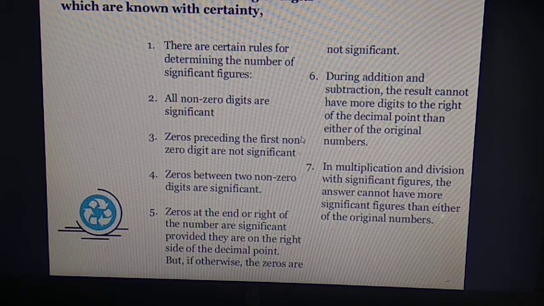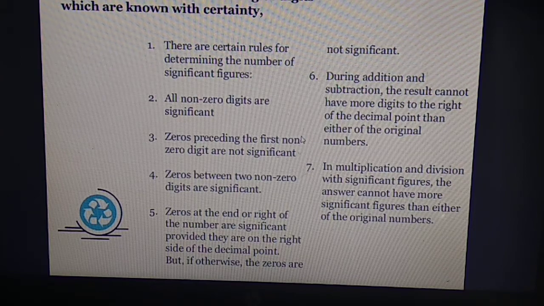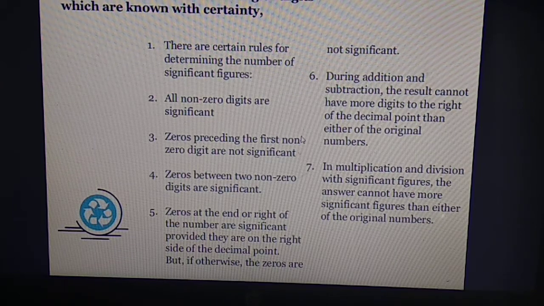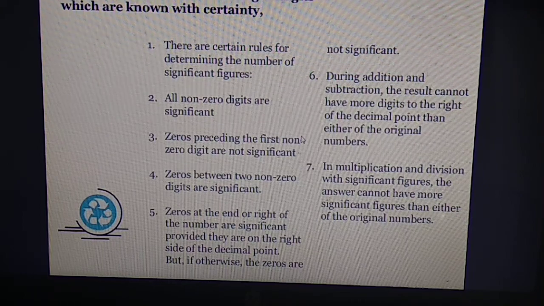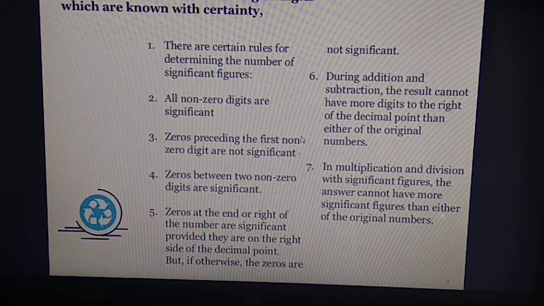So 0.03 has only one significant figure. 0.056, how many significant figures? 2. 0.0056, how many? 2. Before 56 there are 2 zeros which are non-significant. So in the number 0.0056 there are two significant figures.